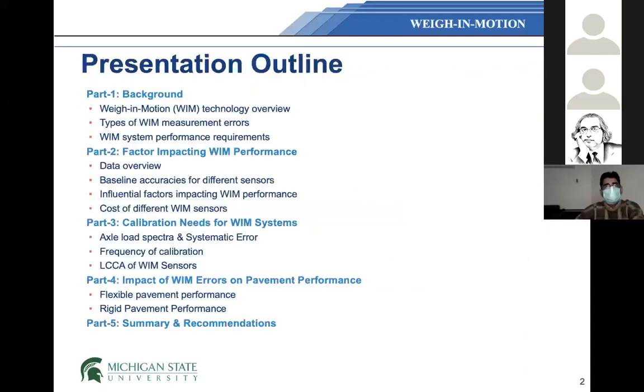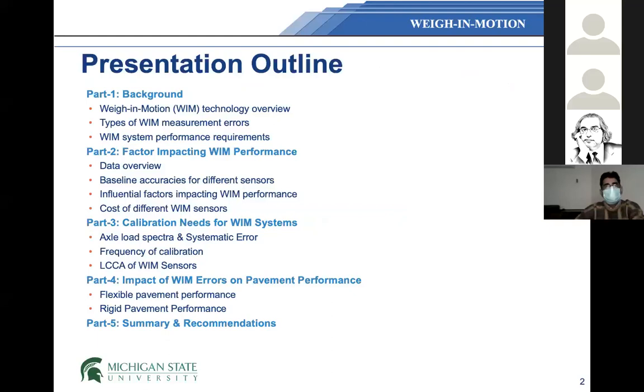I'm going to talk about some background on why we need WIM technology to measure axle loads on highways, what types of WIM errors are associated with the measurements, what the different WIM systems are, and how we measure their performance. This is a lot of research we have been doing in the US on these WIM technologies.